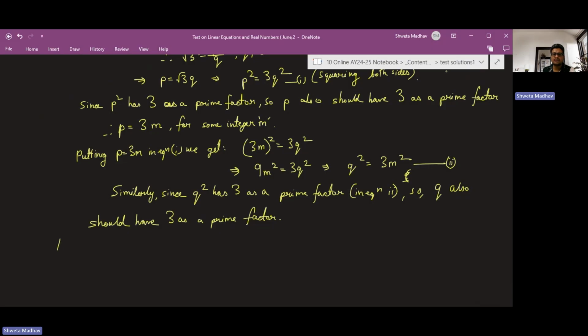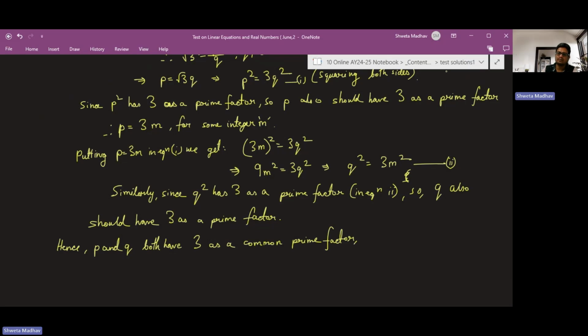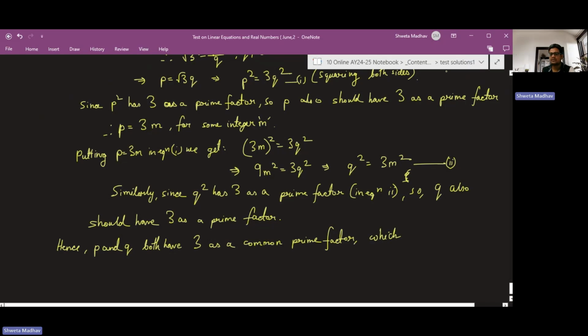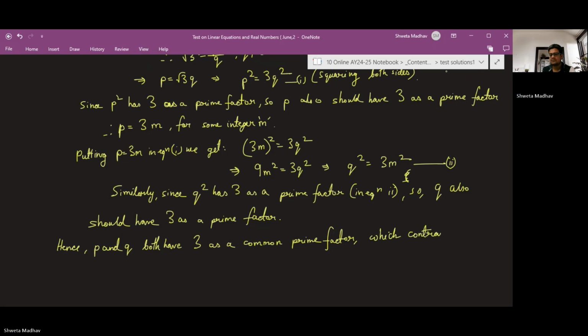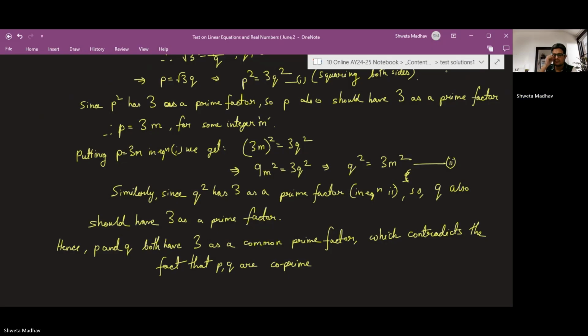So hence p and q both have 3 as a common prime factor, which contradicts the fact that p and q are co-prime, which means they should have no common factor other than 1.